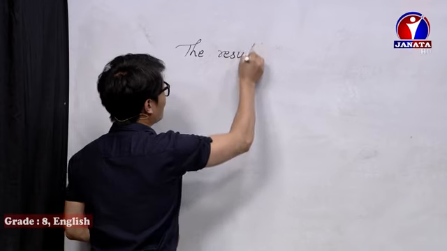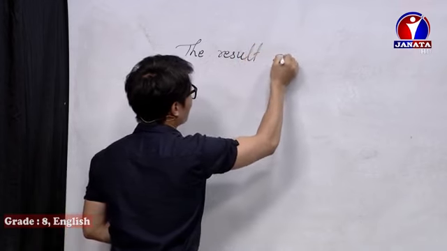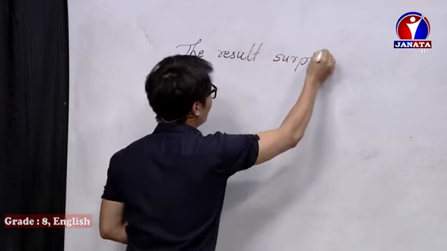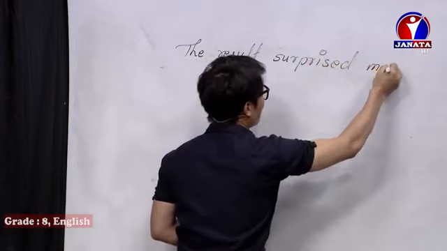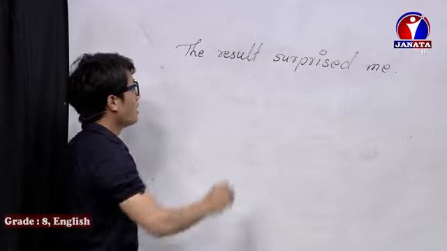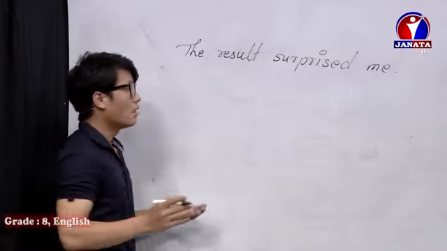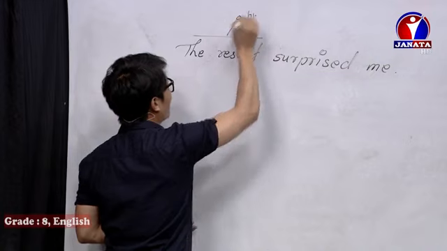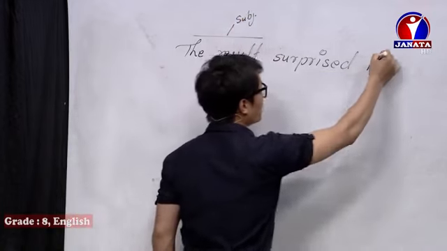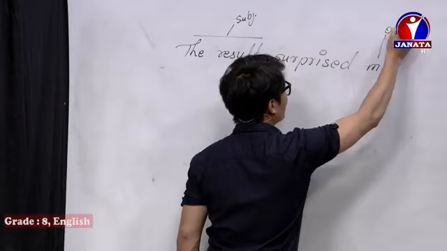The result surprised me. What surprised? Obviously the result, so result is the subject. To whom? To me. So me is the object.